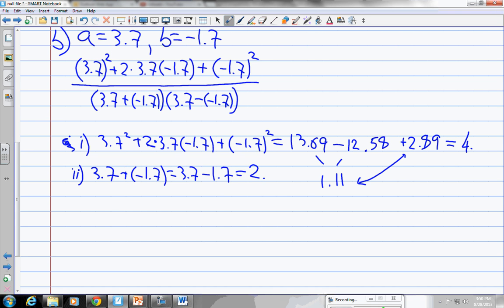Right? 3.7 minus 1.7, that's 2. While the second little parenthesis says 3.7 minus negative 1.7. So that's 3.7 plus 1.7. And what is that? 5.4.